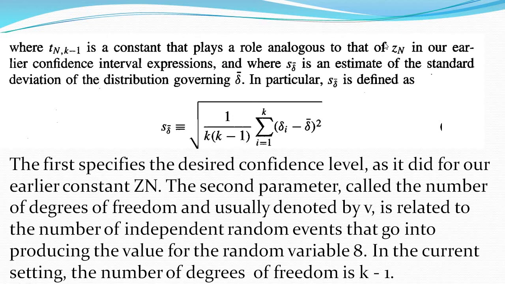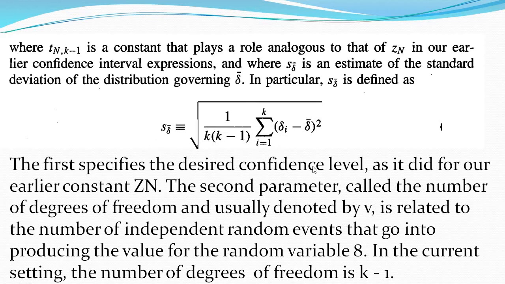To find the confidence interval we used the constant z(n); here t(n, k-1) acts just like the z. Here s of delta bar is an estimate of the standard deviation of the distribution, where delta bar is the mean and s of delta bar is the standard deviation. This is the formula to find the standard deviation, so we can find it using this formula.